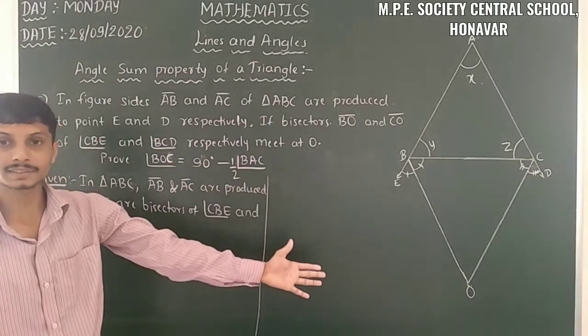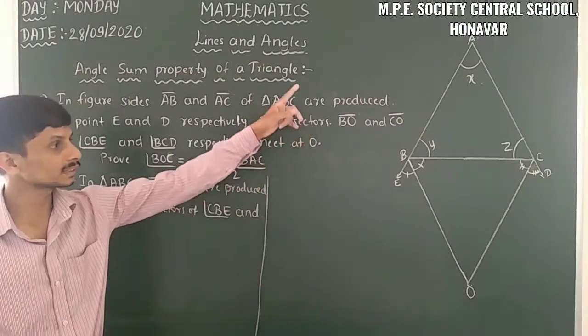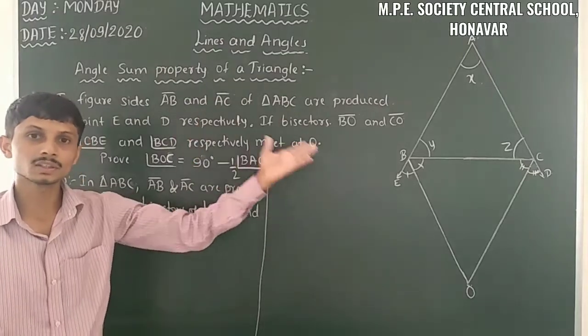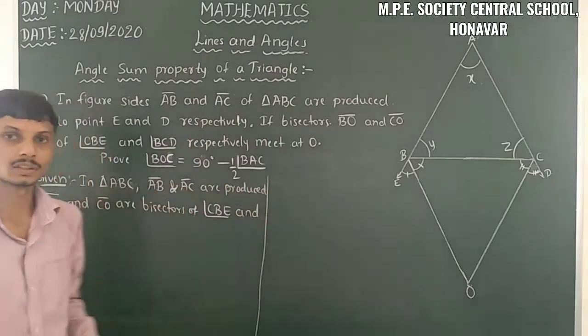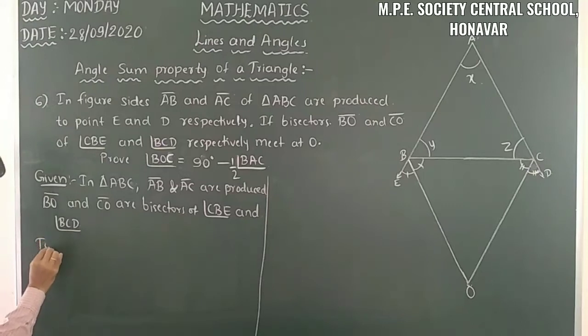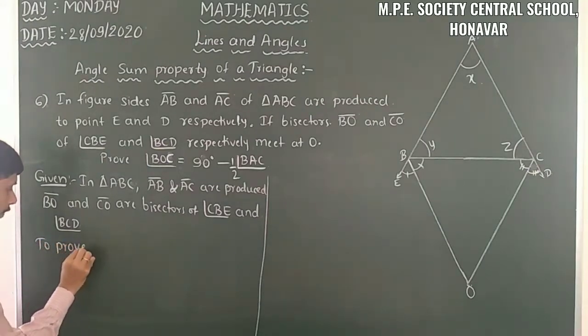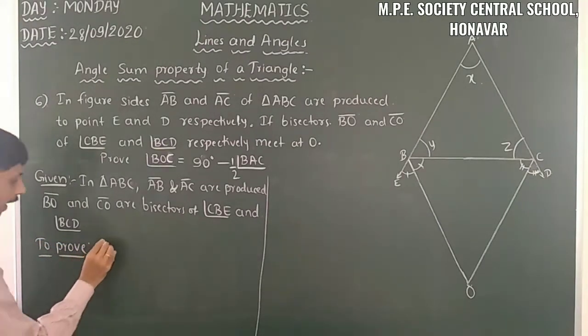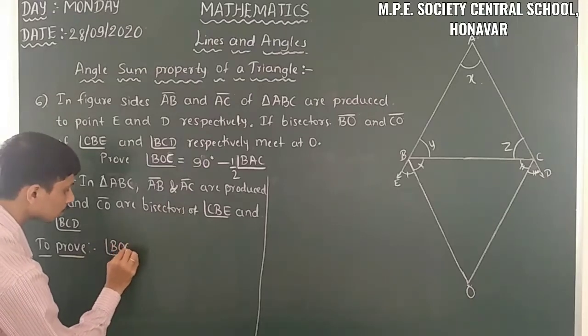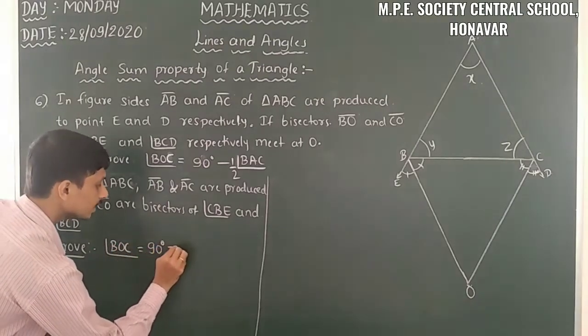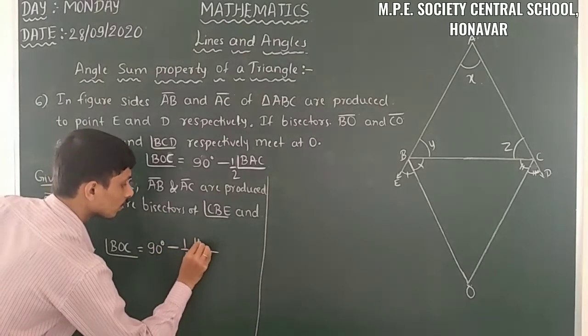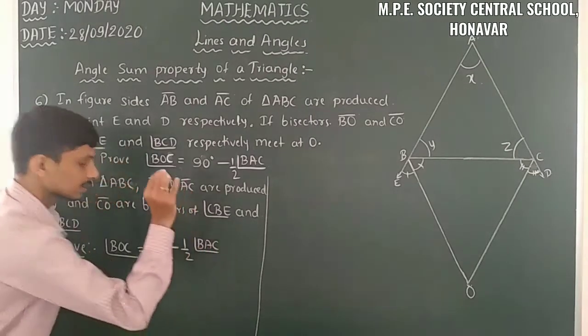And there are two triangles, that is ABC and BOC. So we can use the angle sum property. So what do we have to prove here? To prove angle BOC is equal to 90 degrees minus half into angle BAC.